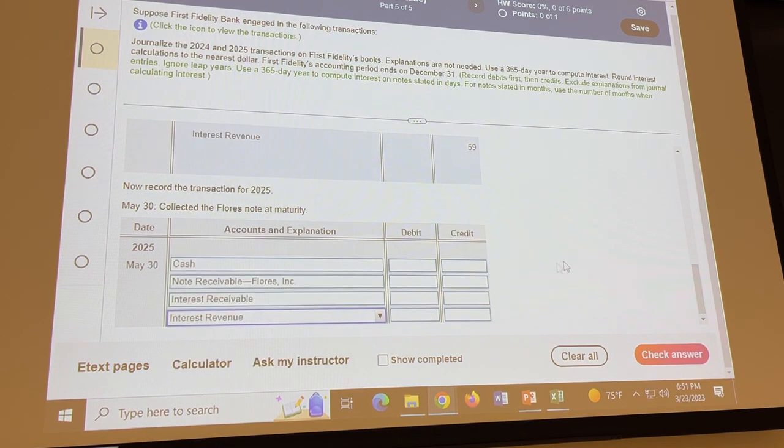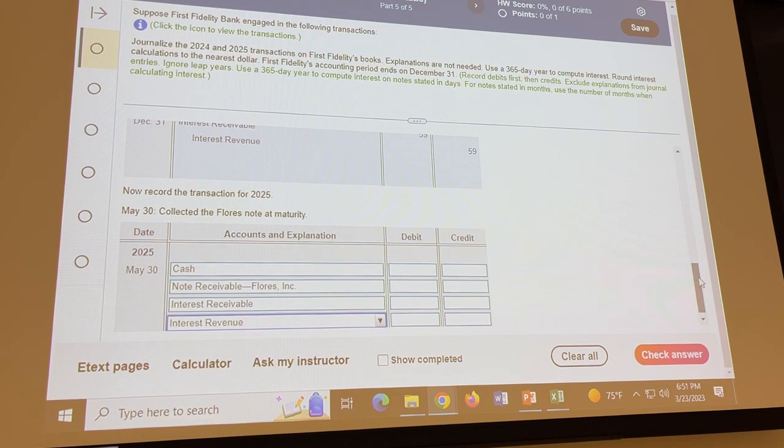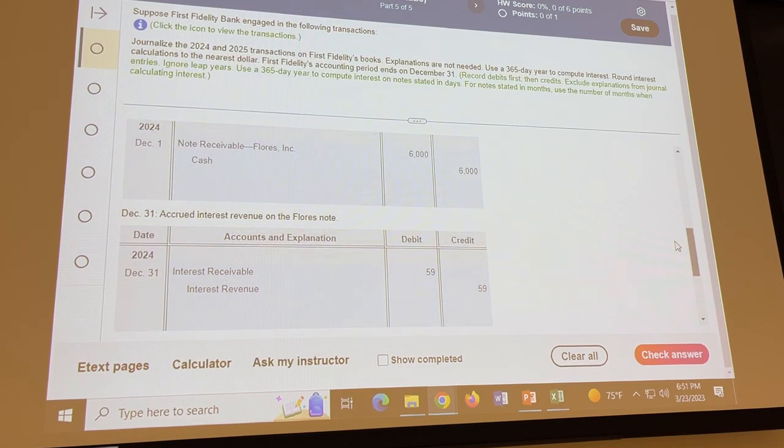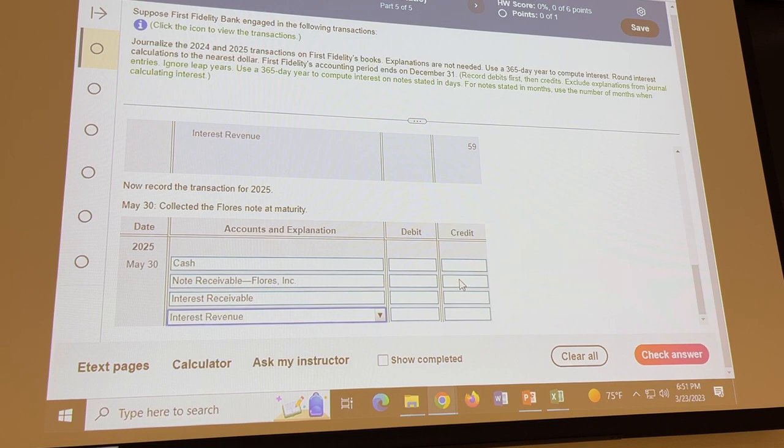So the credit for note receivable will be the $6,000. The interest receivable will be to reverse what we did in the previous journal entry on December 31st. So we know that will be $59.